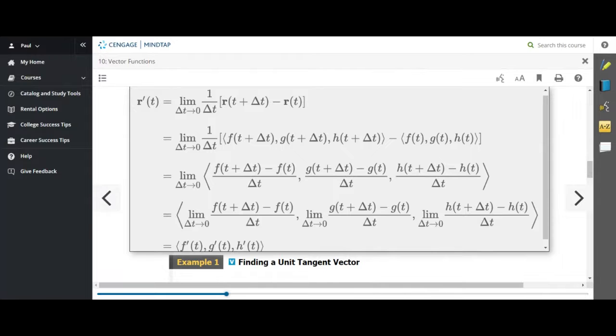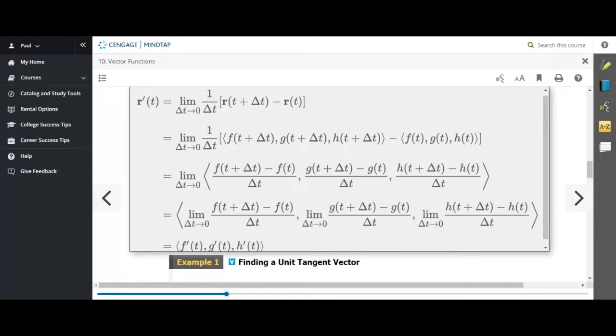And they just use the properties of vectors and bring in that scalar delta t in the numerator into the components, which you can do. Scalars can be moved out in front of the components of the vector or into the components of the vector. And then you end up with 3 limits that turned out all to be derivatives of the components. Really quite amazing, I must say. And so that shows that it's quite easy to get a derivative vector.